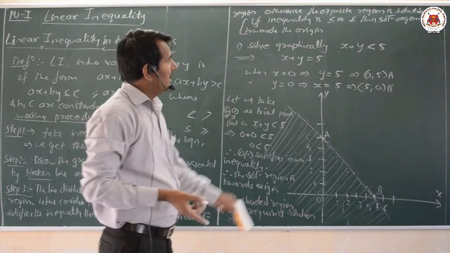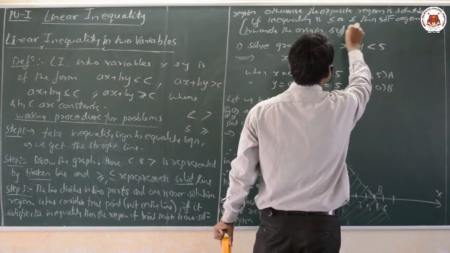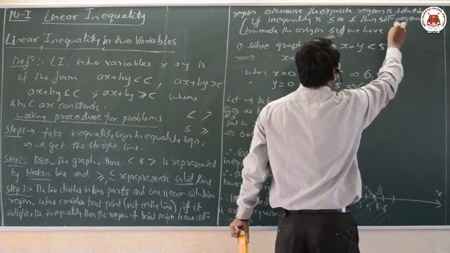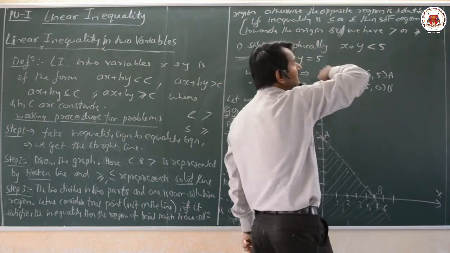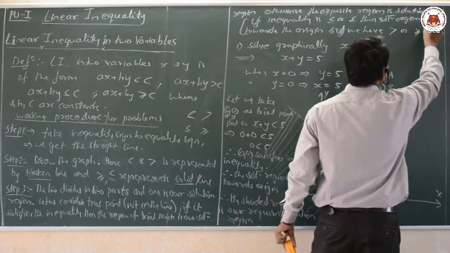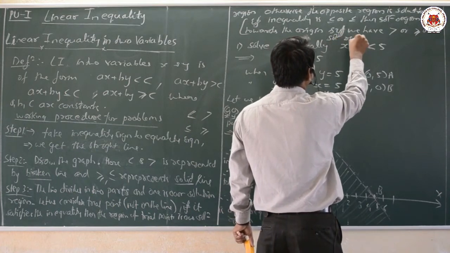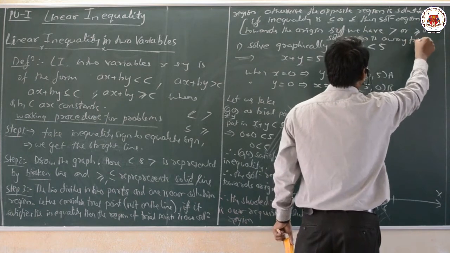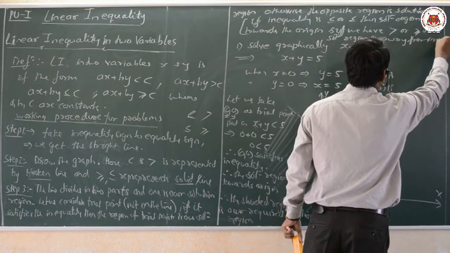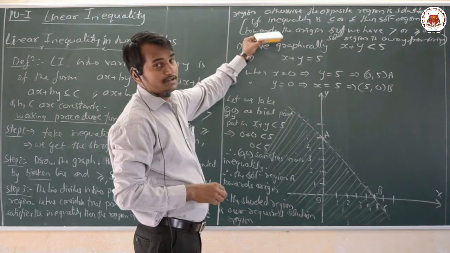And if we have greater than or greater than or equal to, the solution region is away from the origin. Dear friends, you can take it as your shortcut method also.